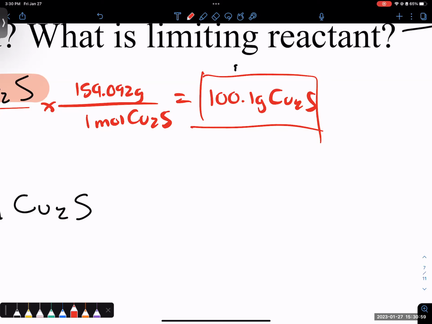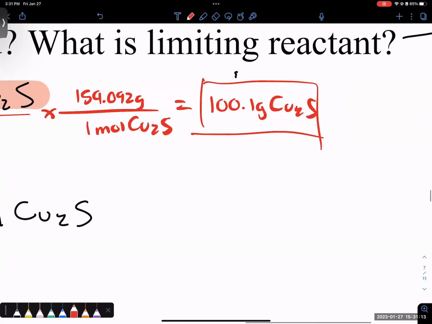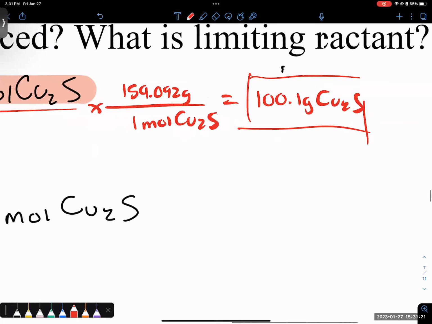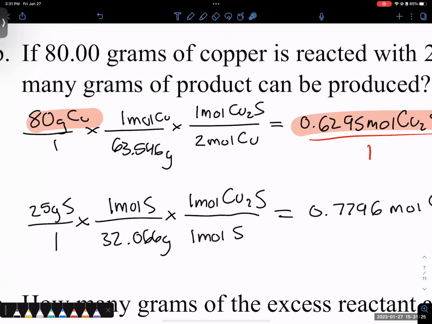We'll always find the molar ratio with limiting reactants, like that problem above. You're always going to use the molar ratio if you're going from moles of one thing to moles of another. So in this case, we went from moles of copper to moles of Cu2S.